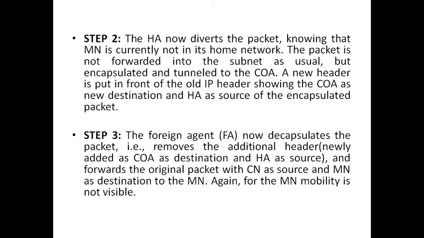So what finally mobile node knows is it receives the packet with the same sender and receiver address as it would have done in the home network. So it does not know anything about the encapsulation and decapsulation process which is performed by the home agent and foreign agent. This is done in step 3.